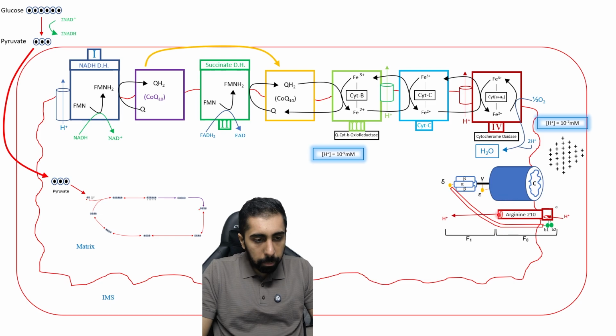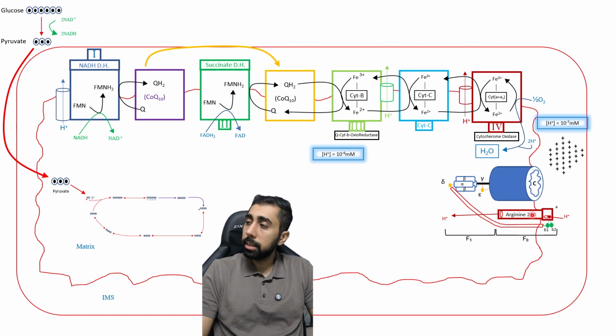But there is a molecule here that we call arginine 210. What does arginine do here? Whenever a hydrogen comes here, arginine comes into this part of the membrane and says, hi hydrogen, how's it going?